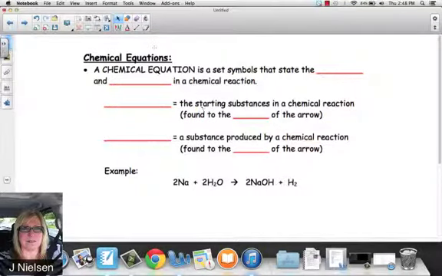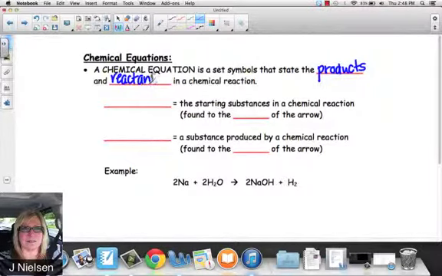A chemical equation is a set of symbols that state the products and the reactants in a chemical reaction. And we've already talked about the products and the reactants in different lessons before. The reactants are the starting substances in a chemical reaction, and they're always found to the left of the arrow, while the products are a substance that is produced by the chemical reaction, and they are always found to the right of the arrow.